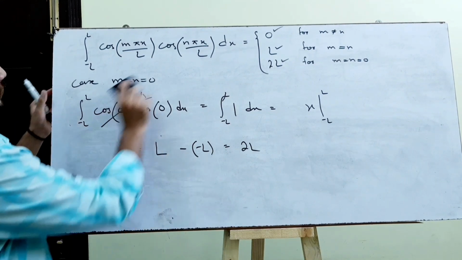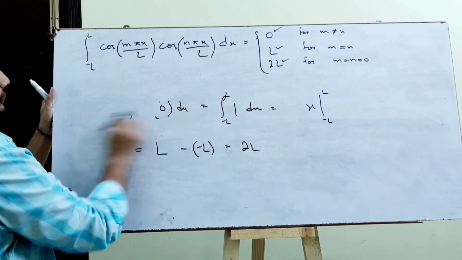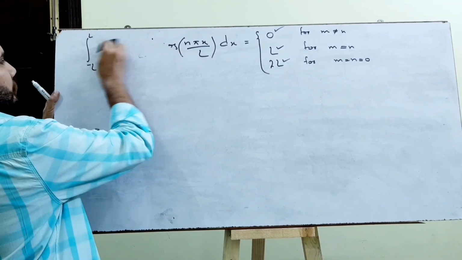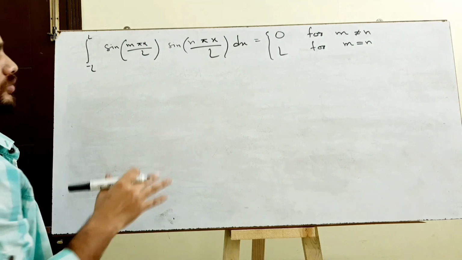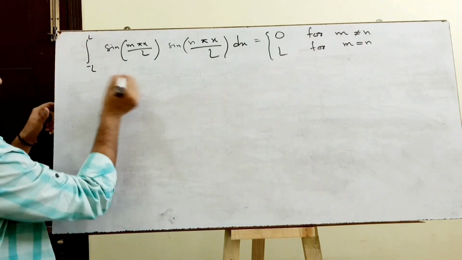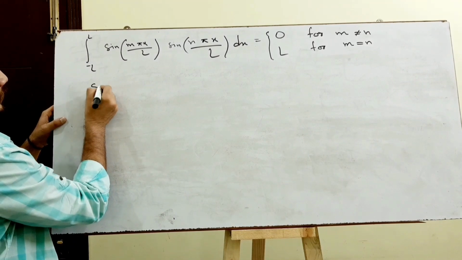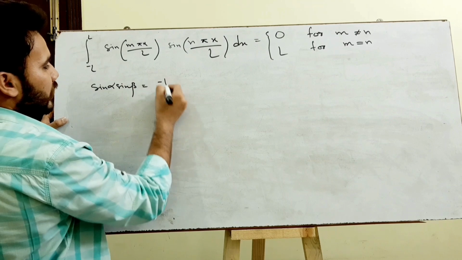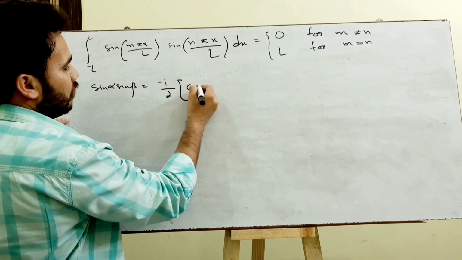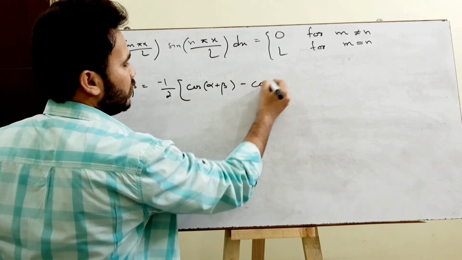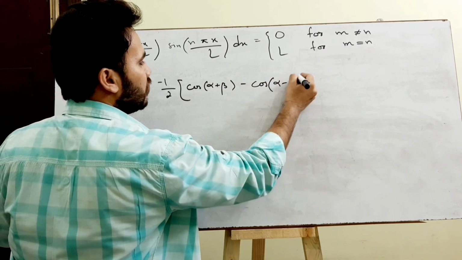Now the third one, the third integral which we need. So first case, if m is not equal to n, then using the trig identity, sine alpha sine beta equals negative half of cosine alpha plus beta minus cosine alpha minus beta.